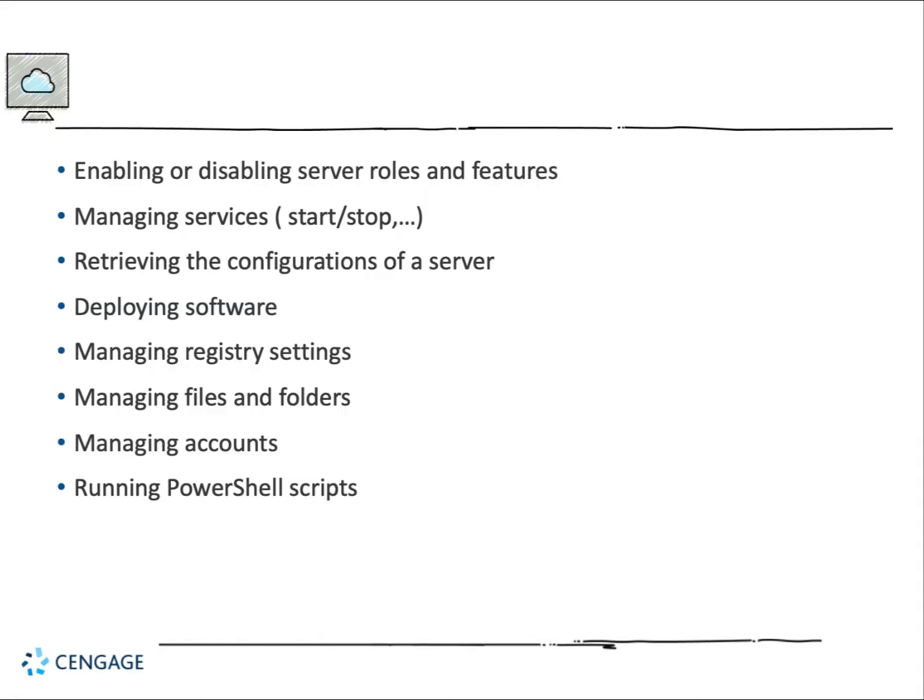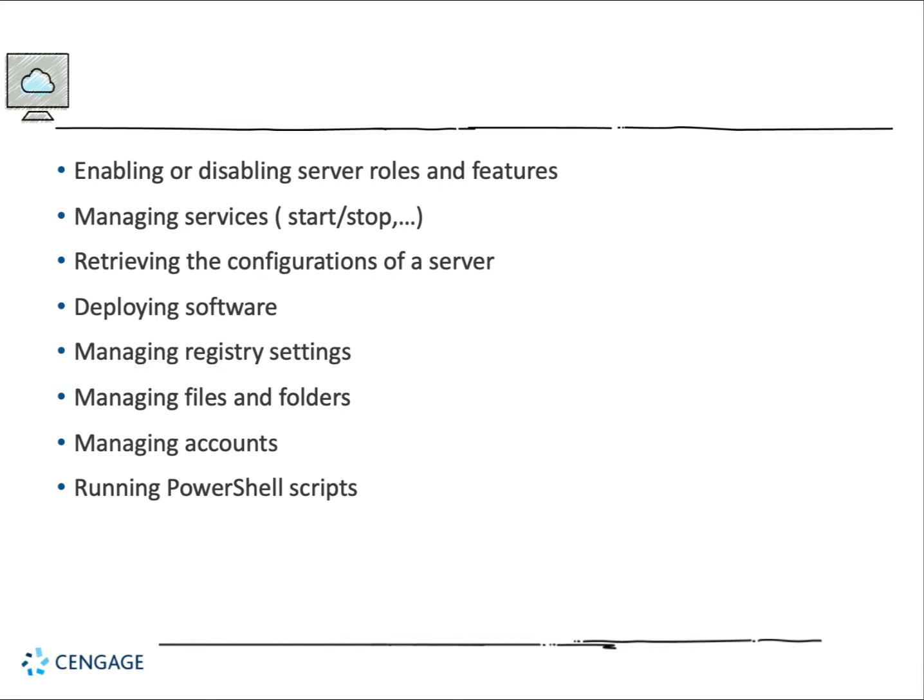Windows Server 2016 comes with DSC version 2 and lets you automate a variety of configuration tasks on a set of computers using scripts like the previous example that you just saw.